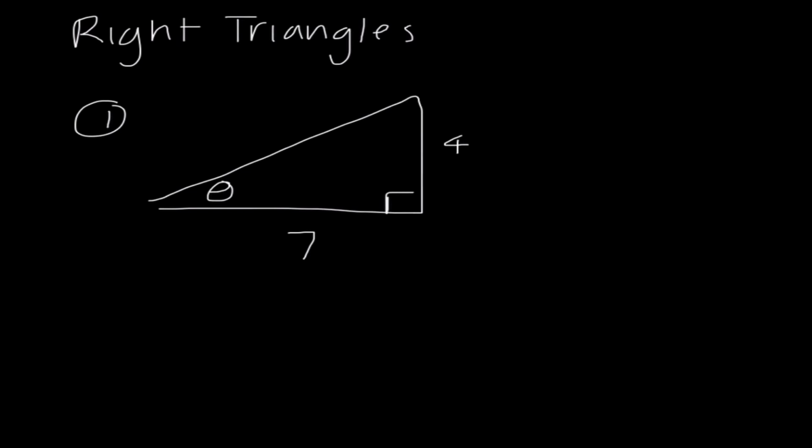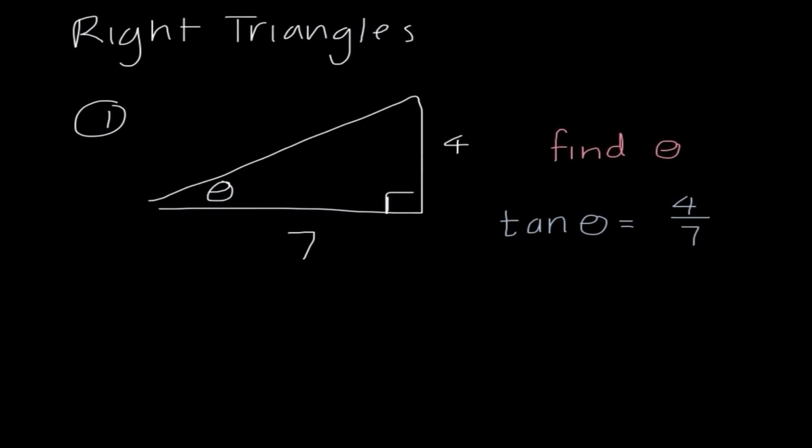We also have some problems here that just give us a right triangle. And on this one, they're asking us to find the angle theta. And so if we look, it looks like I have the opposite side and I have the adjacent side. So I'm going to use tangent because I know tangent is opposite over adjacent.